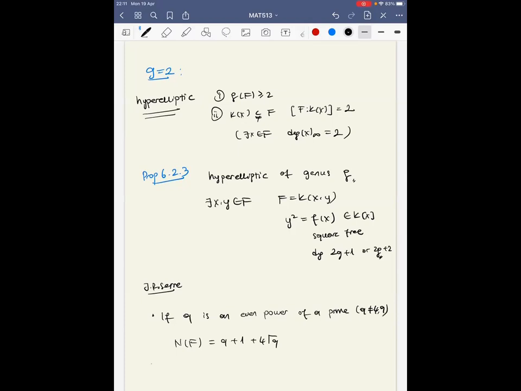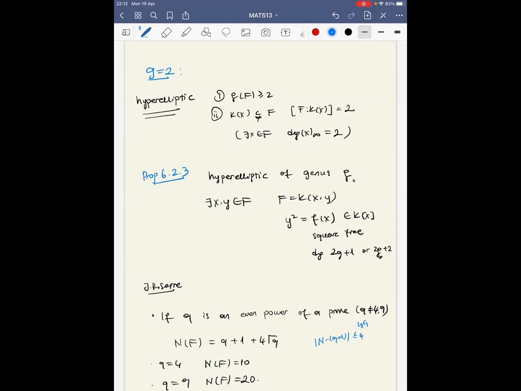When q is equal to 4, it is given as 10, and when q is equal to 9, it is computed as 20. And if you consider the Serre bound, the absolute value of n minus q minus 1 is less than or equal to g times 2 square root of q.